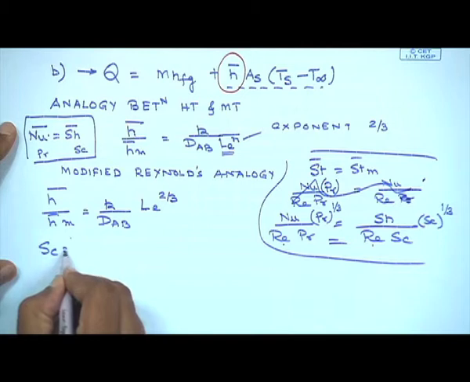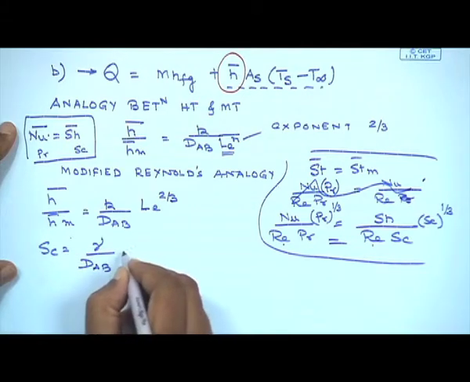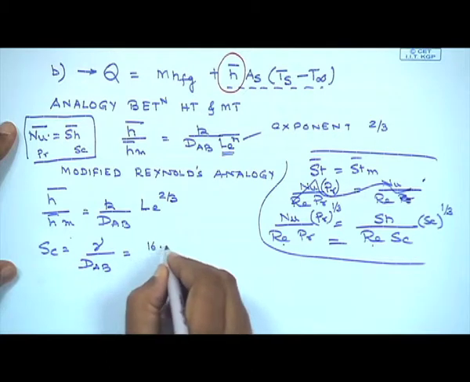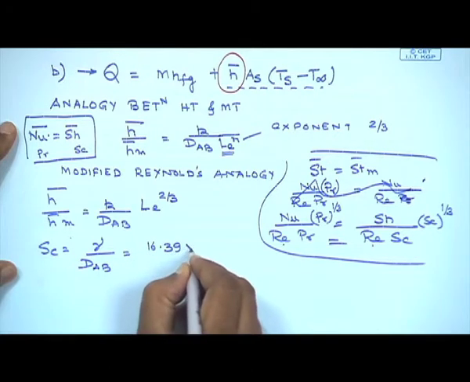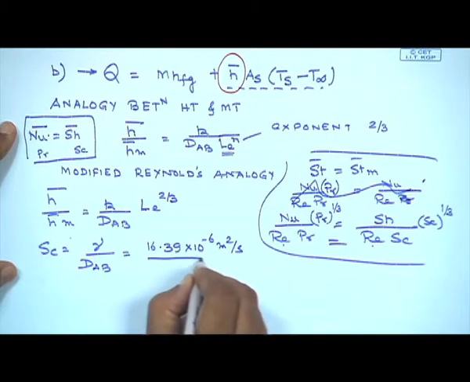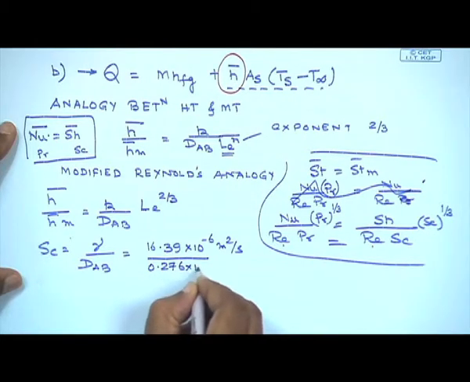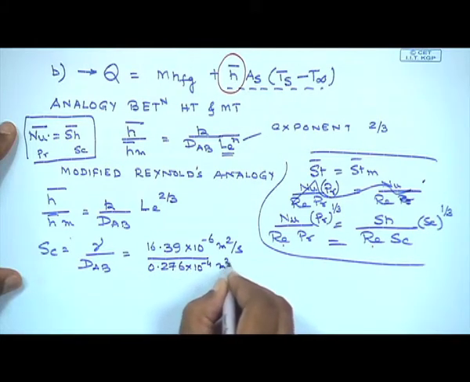The Schmidt number for this problem is the kinematic viscosity divided by the mass diffusivity. The kinematic viscosity is provided as 16.39 into 10 to the power minus 6 meters square per second, and DAB is 0.276 into 10 to the power minus 4 meters square per second.